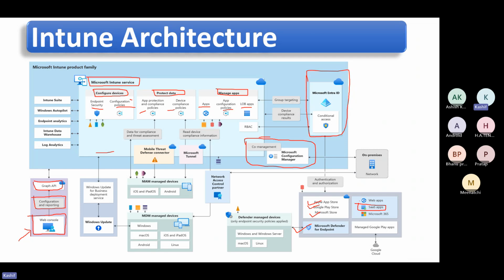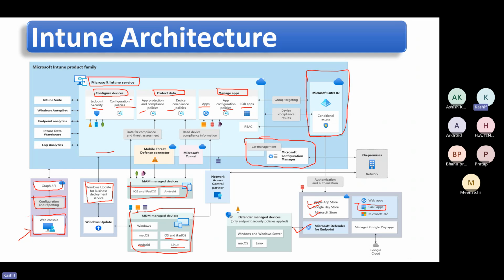So it has various integrations, right? It can manage devices like Windows, MacBook, Android, Linux, iOS, iPad, and applications on iOS, iPad, and Android. You can deploy updates on these devices through Windows Update for Business Deployment Service. So you can deploy updates on Android devices, iOS devices, Windows devices, and MacBook.